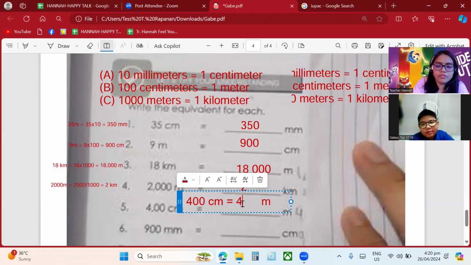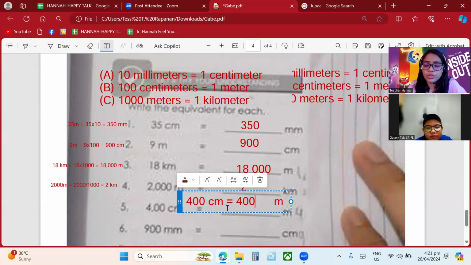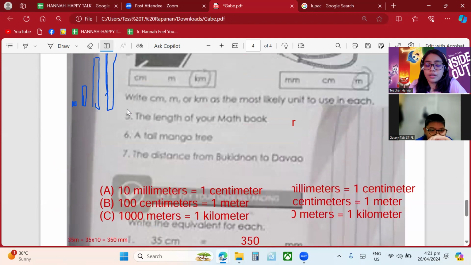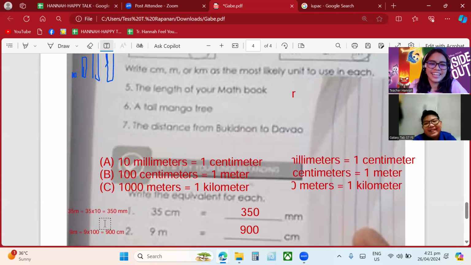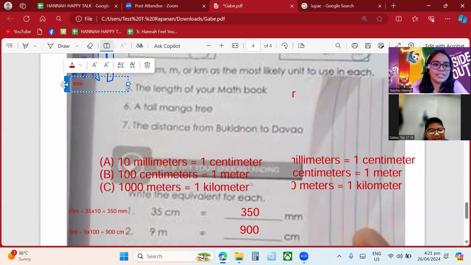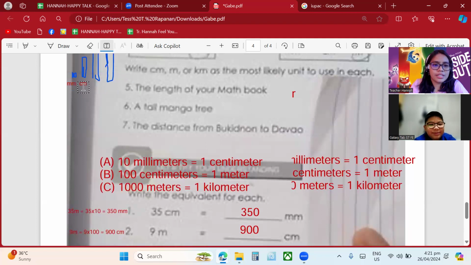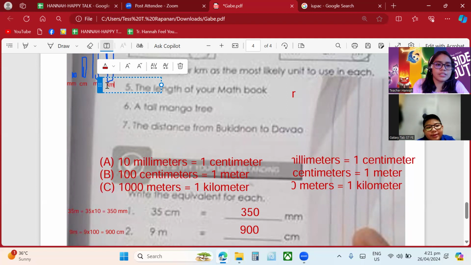Is it going longer or shorter, centimeters to meters? Longer. This one is millimeters. This one is centimeters. This one is meters. This one is kilometers.